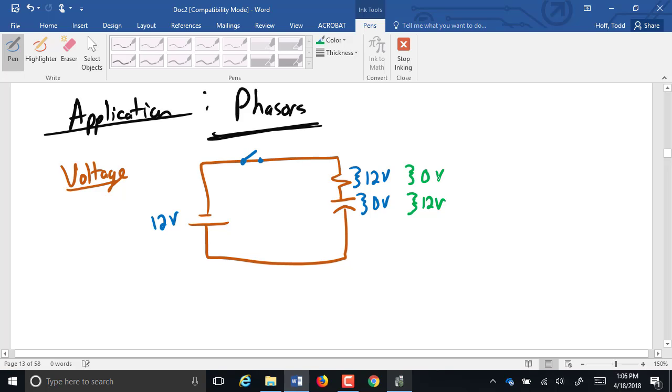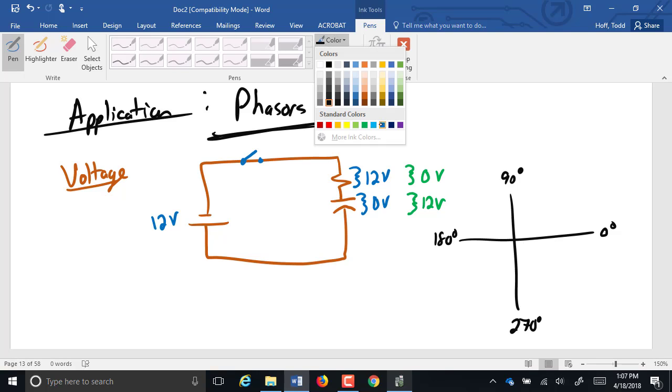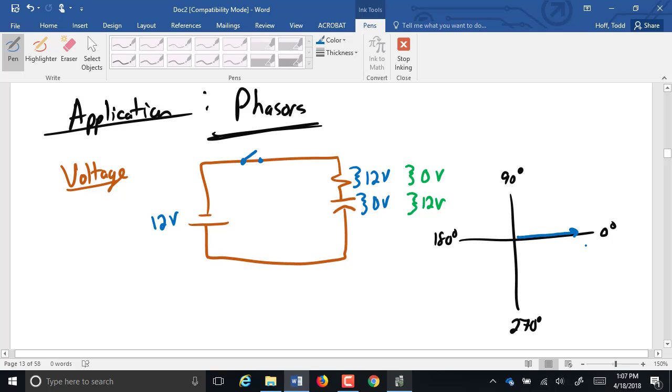So when we look at a circuit, look at 0 degrees, 90 degrees, 180, 270. This is the voltage across the resistor. The voltage across the capacitor trails by 90 degrees.